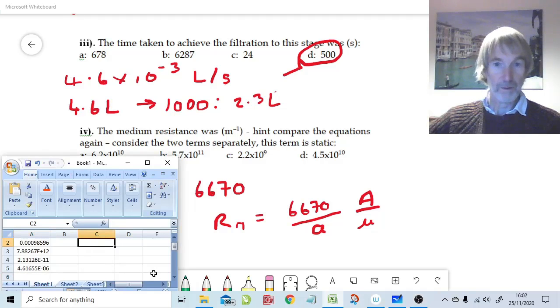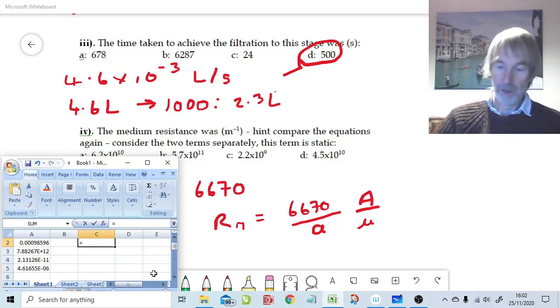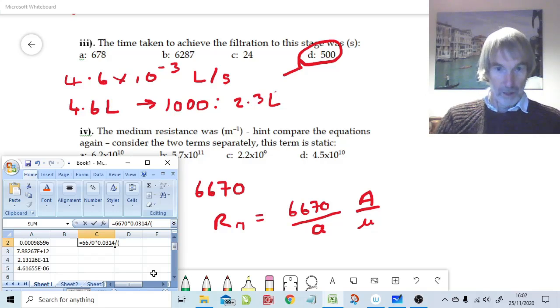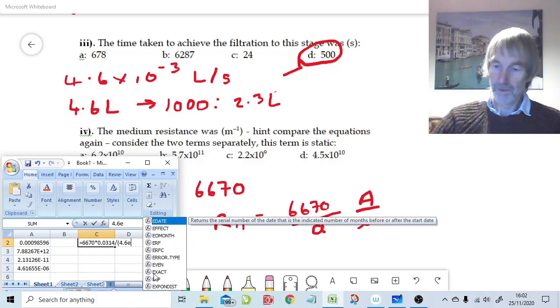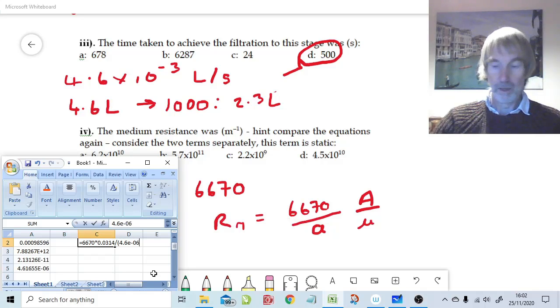So for the medium resistance, we have equals 6670 times by 0.0314 divided by, we better put this all in the brackets, Q is 4.6 times 10 to the minus 6, and then we've got the viscosity 0.001.